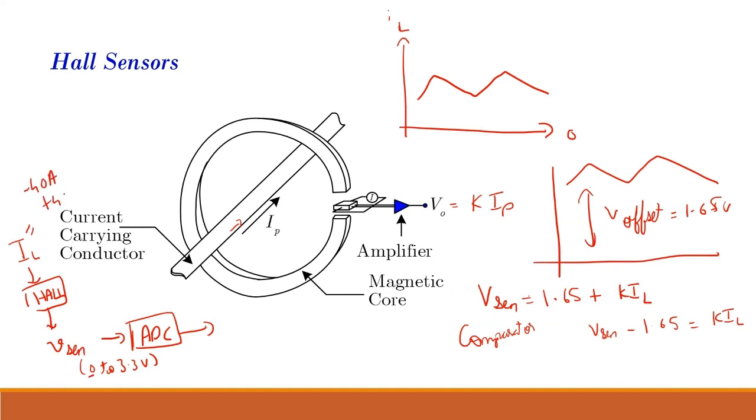If my inductor current is plus 40 ampere, it is generating 3.3. So even if the inductor current is negative, the ADC will only see a positive value, and then it will go into a digital number in the ADC. In the previous cases, we were not permitting the inductor current to become negative, but here it can go negative and we will still be able to sense it.